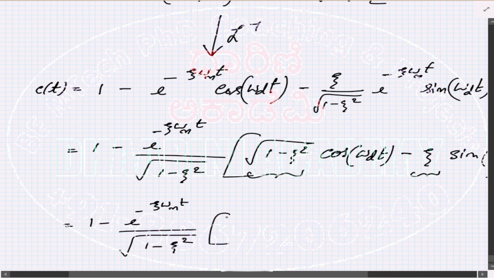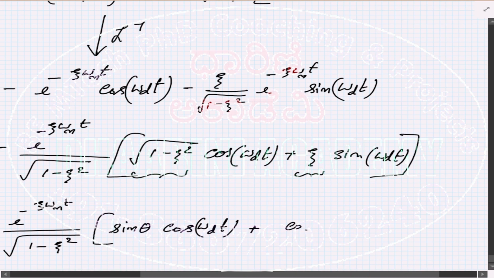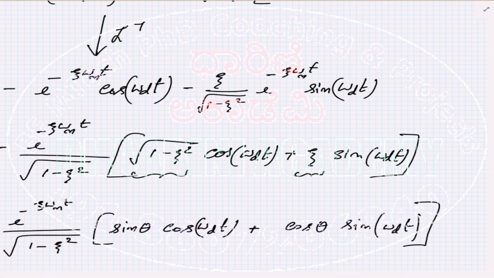the first term becomes a sine function, so this is sine theta into cos omega d t. The minus is already taken off, so this becomes a plus, cos theta into sine of omega d t, right?